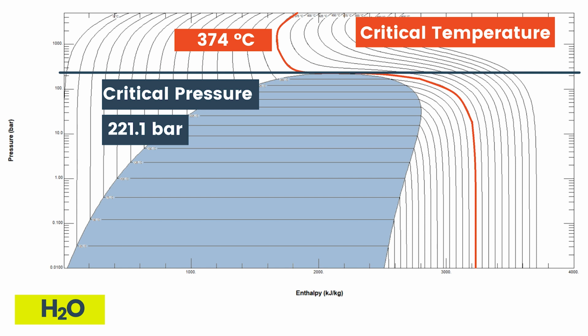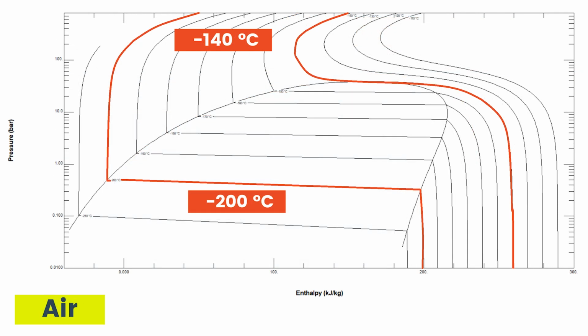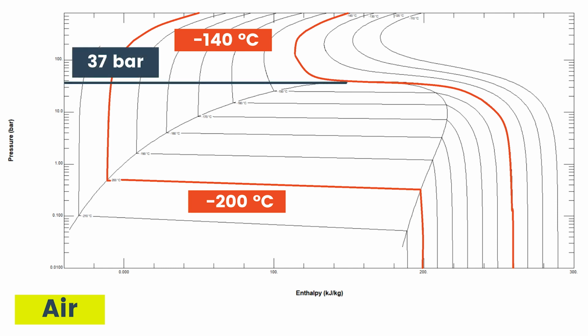Why don't we go look at our air example? For air, we found that the critical temperature is minus 140 degrees. The corresponding critical pressure is around 37 bar. But we don't need our distillation column to operate at that pressure because we're going lower in temperature, down to minus 200. The column can operate at a few bar.